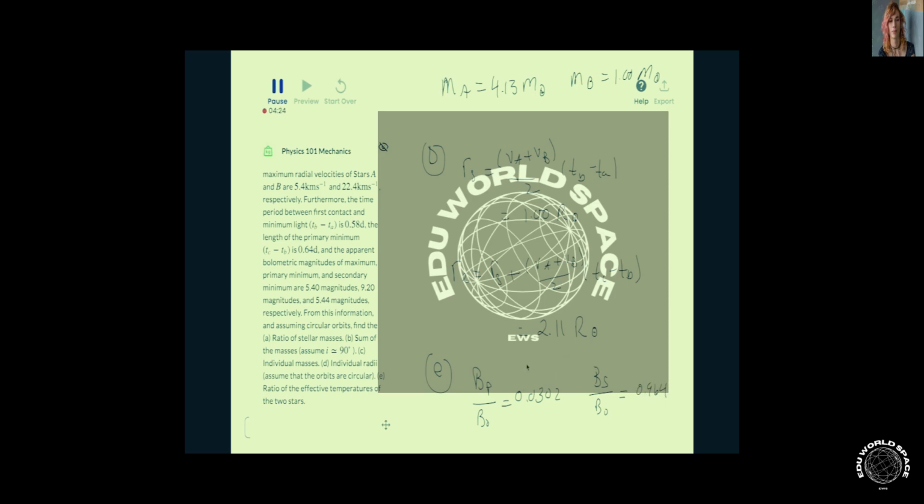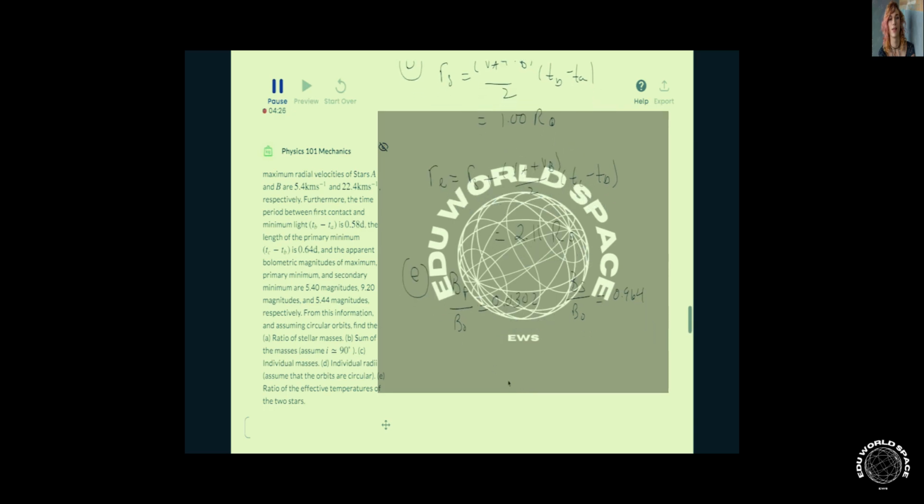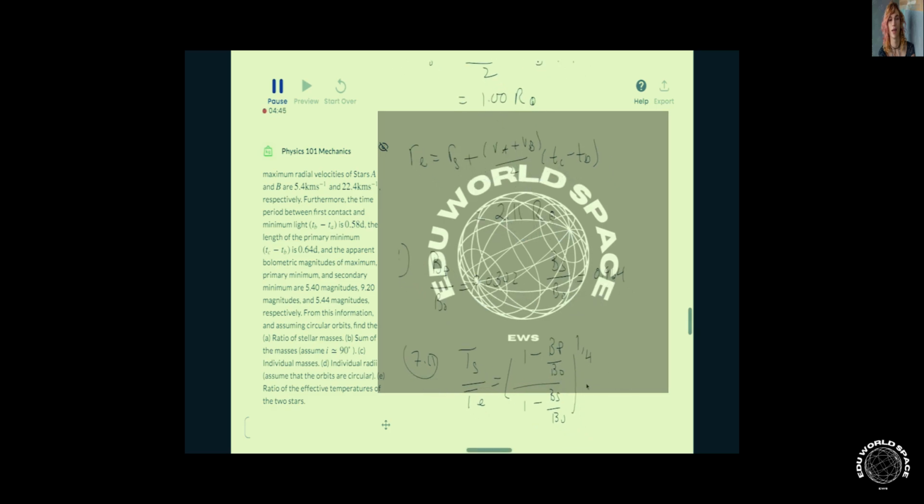Now, in order to get the effective temperatures, we need to use an equation in chapter 7, 7.11. It says that Ts over Tl equals (1 minus Bp over B0) divided by (1 minus Bs over B0), to the 1/4 power. Plug in your numbers, and you get an answer of about 2.28.